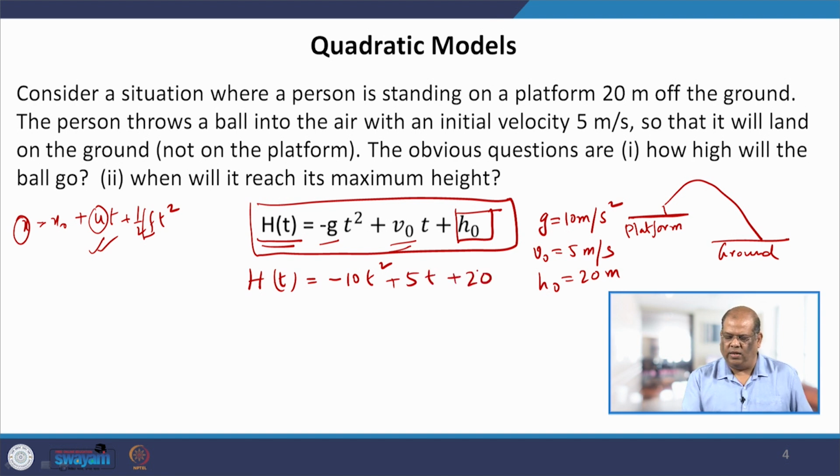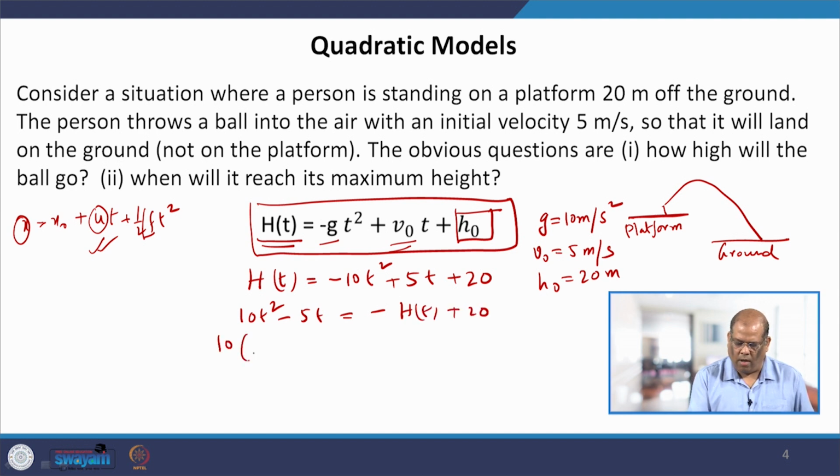Now, we know that this is a quadratic expression, and if we plot it, we will get a parabola. So, we put it in the parabolic form of the equation. What we do is we make this a whole square. So, you take 10t square minus 5t to this side, and from here you take h(t) minus 20.